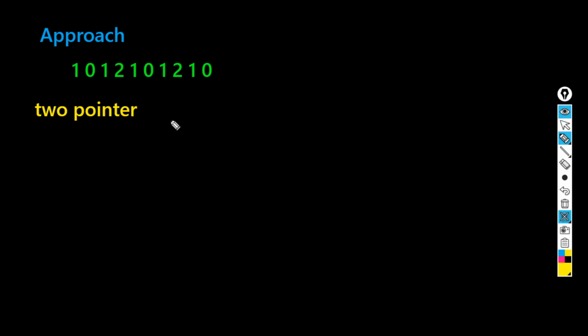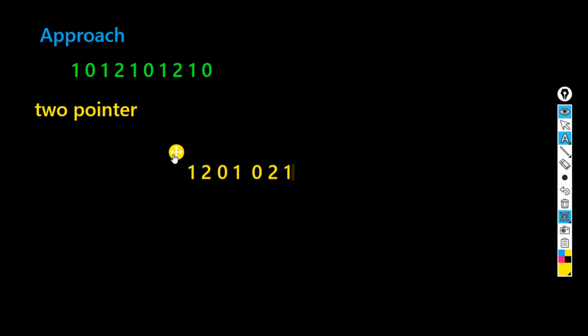So in this also we will do the same thing. The basic thing we are trying to do is, suppose we consider one more array, 1 2 0 1 0 2 1.